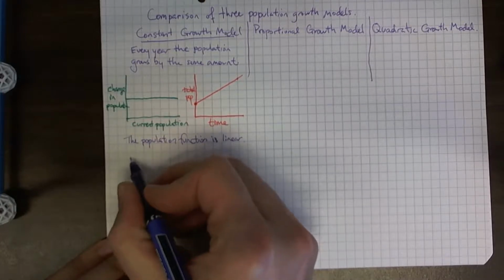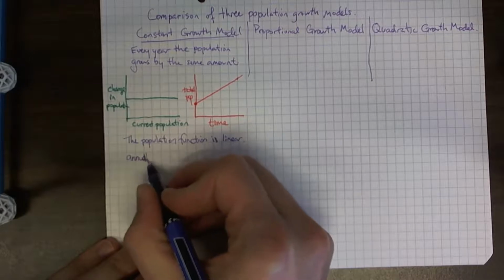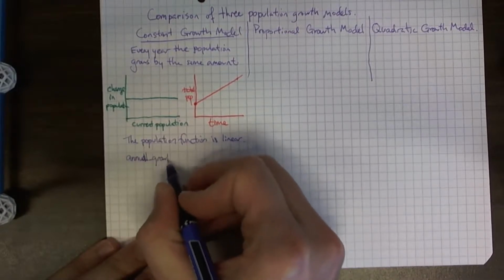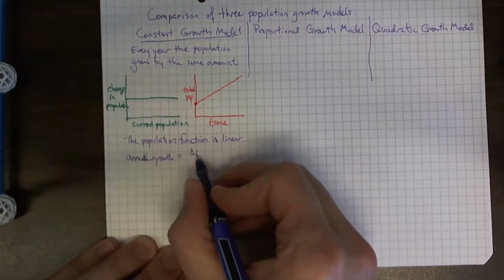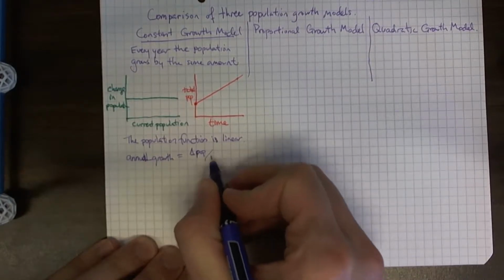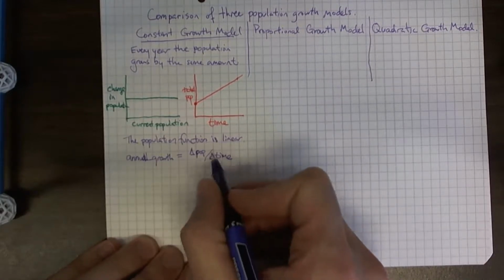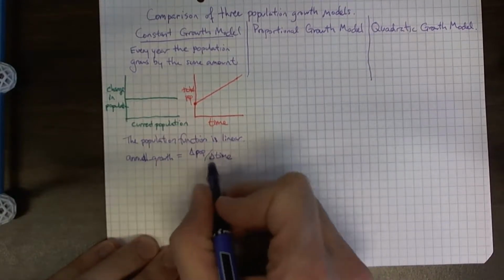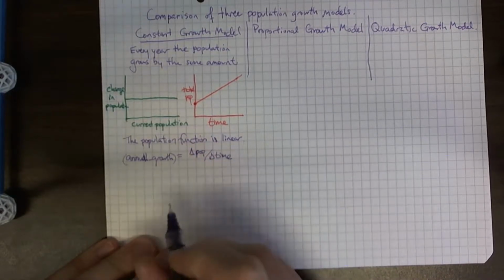What we did in class is we had some annual growth with some value, and we calculated that as the change in population over change in time. We found the total change in population divided by the total time, and we got this value of annual growth.